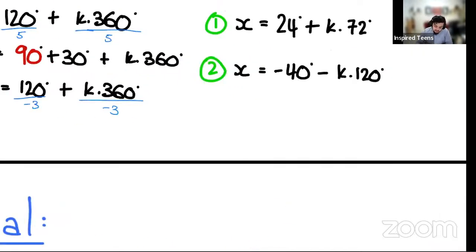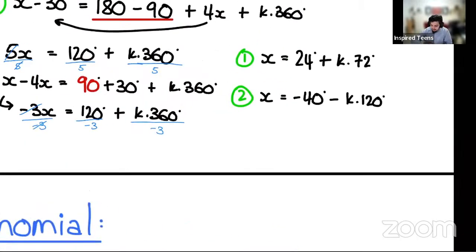If you've done this already and your teacher told you to leave it as positive, that's perfectly fine as well. Both answers will be acceptable, leaving it as positive 120 or negative because we divided by negative. And these are the most simplified forms of our general solutions.